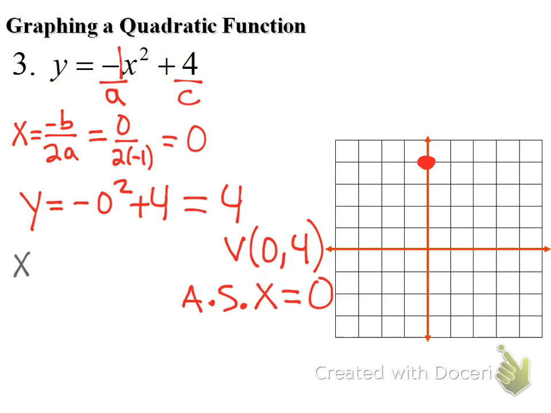And we can start finding more points. Now, I said I always plug 0 in. Can I plug 0 in? No. Any other ideas? 1. Good. So when you plug 1 in, you'd get -1 squared plus 4. Now, students mess this up a lot.